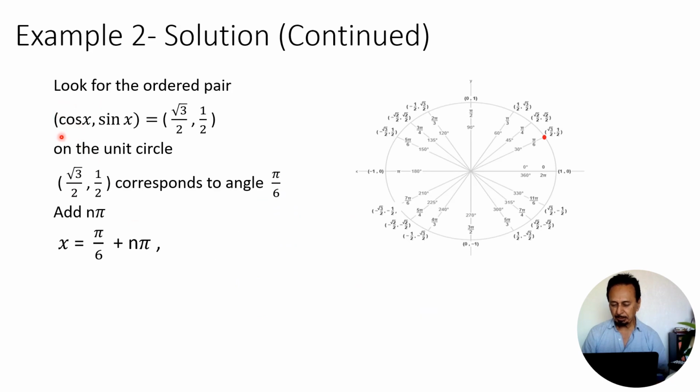Look for the ordered pair (cos x, sin x) = (√3/2, 1/2). And that's right here in quadrant 1. And this (√3/2, 1/2) corresponds to angle π/6. So now I add nπ and it becomes x = π/6 + nπ, and that's the solution.